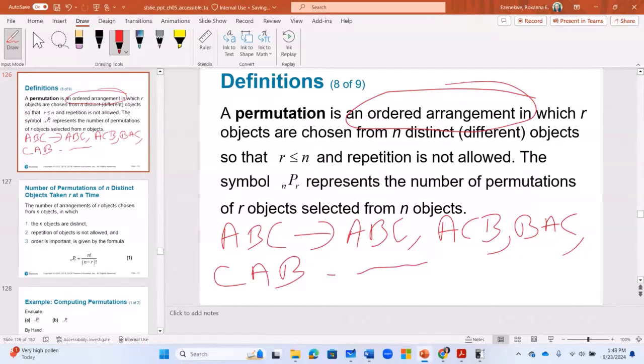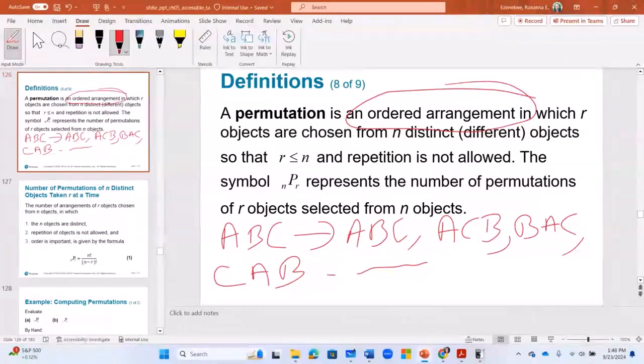Just so you know, when you are talking about permutation, your answer is going to be large. When I was talking about combination of ABC, I had only one combination. Order is not important. But now I'm talking about permutation. It's an ordered arrangement. Order is very important. Why am I saying this? I'm sorry if I am shouting, because students misunderstand the meaning of a permutation and combination.